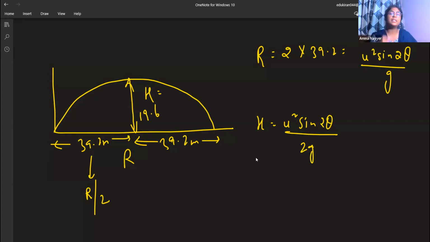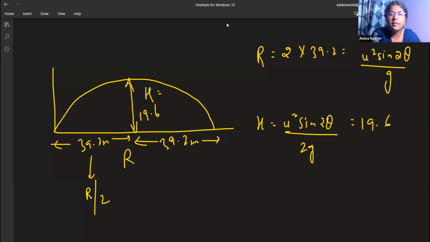Instead of H, this is equal to 19.6, which is given to us. Here u is unknown and theta is unknown, right? So you have two equations and you have to solve for two variables.